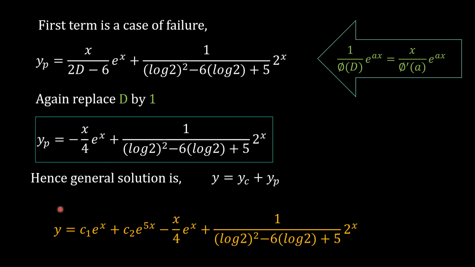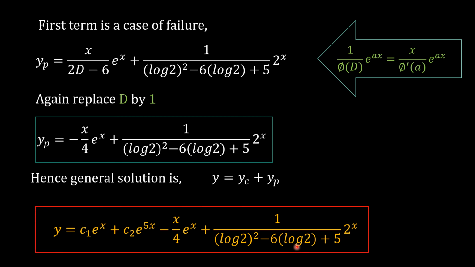So that will give us the general solution as y is equal to c1 e raised to x plus c2 e raised to 5x minus x by 4 e raised to x plus 1 upon (log 2) square minus 6 log 2 plus 5 into 2 raised to x. So this is the required general solution.